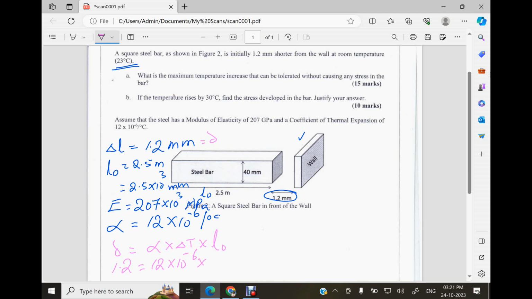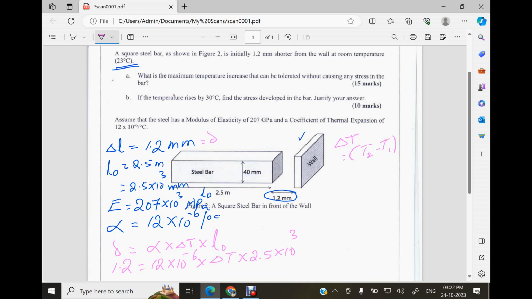Delta T is equal to T2 minus T1. We don't know T2, that's what we need to find out. Multiplied by L naught, which is 2.5 multiplied by 10 cube.